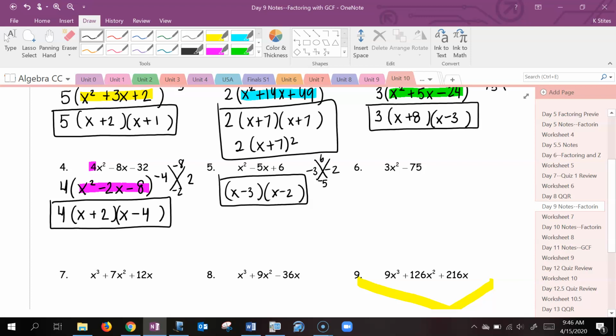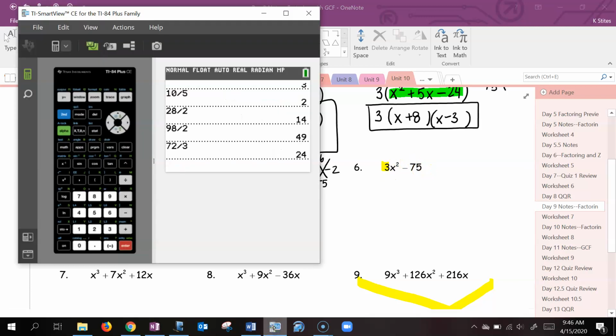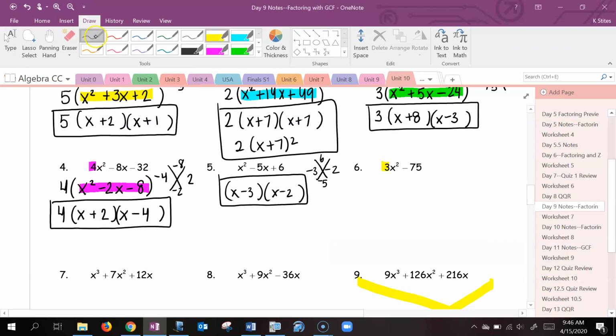Okay, but back to number 6, we do have a number in front. We have a 3. Let's check, does 3 go into 75? It does, so I will divide that 3 out. Reverse distributive property. 3 times something is x squared, or excuse me, 3x squared. And then 3 times 25 equals 75. Okay, so this is still a box problem.